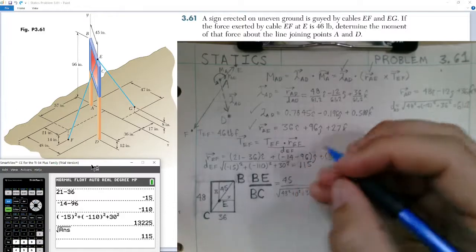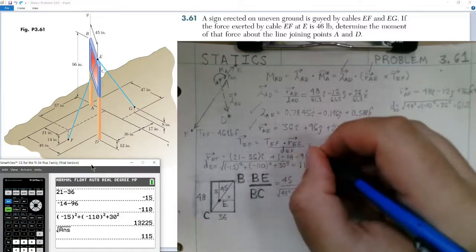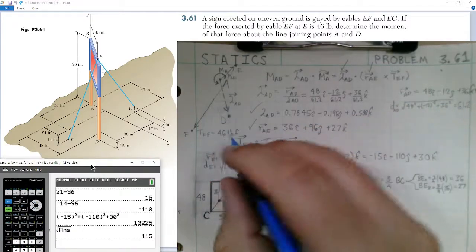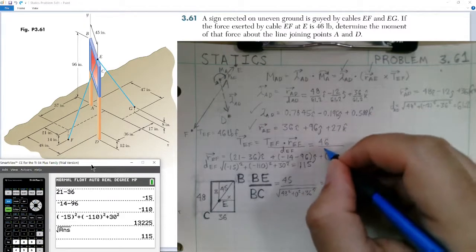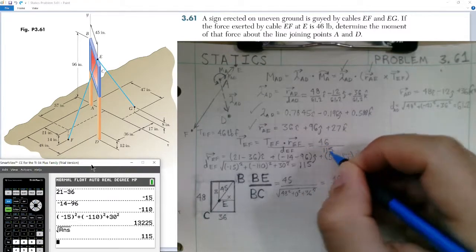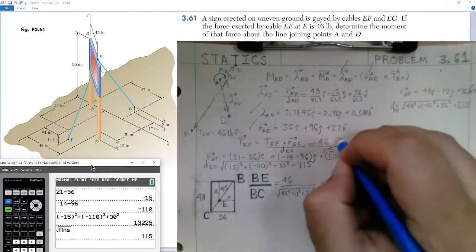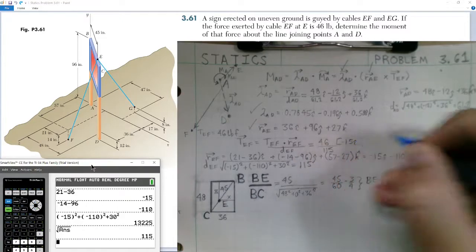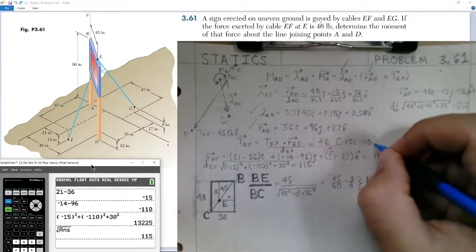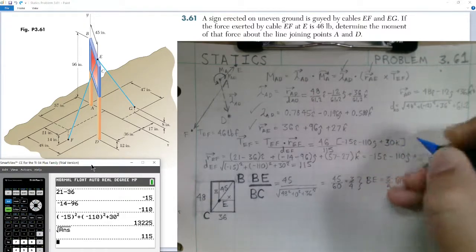Good. Now we have everything we need to go back and compute the tension vector from E to F. So we have the tension value, which is given as a scalar value of 46 pounds. We have the distance, 115. And finally we have the vector, with components of negative 15 i hat minus 110 j hat plus 30 in the k hat direction.